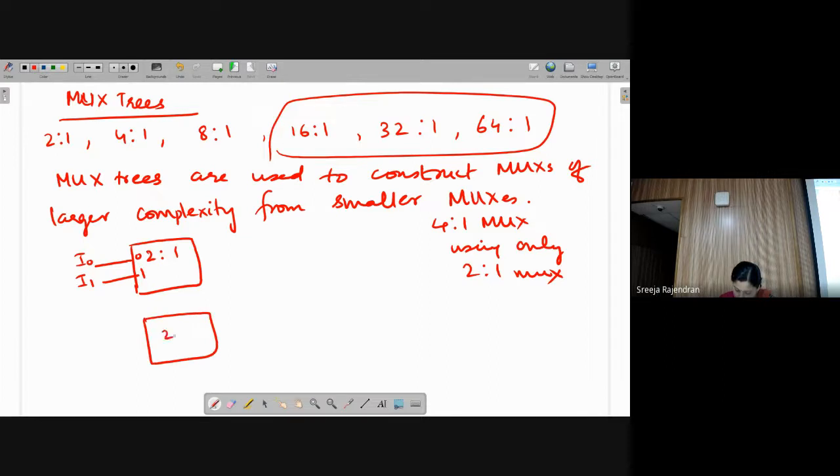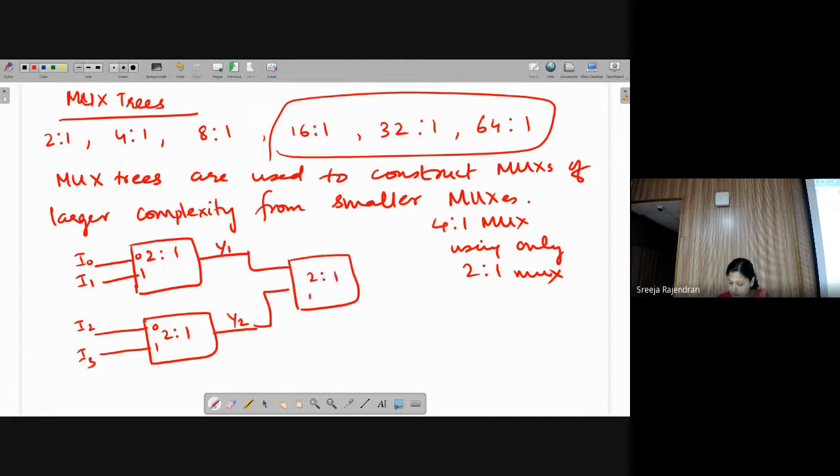Similarly, I have another 2 is to 1 mux, which takes the inputs I2 and I3. Now each mux has one output, so I call it Y1 and I call this Y2. But I want a 4 is to 1 mux, which means I should have only one output. So I should have one more 2 is to 1 mux. Now I have only one output Y, right? So using two stages, this is what I call a mux tree, because I am implementing it in different stages.